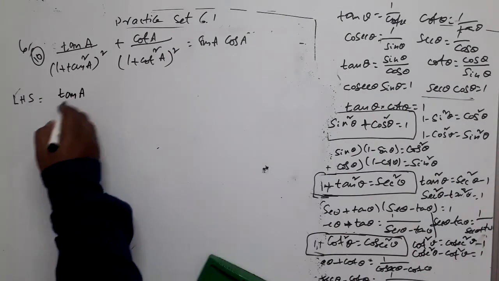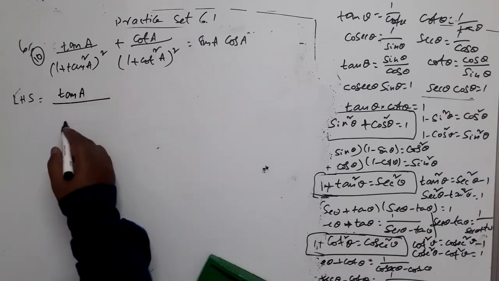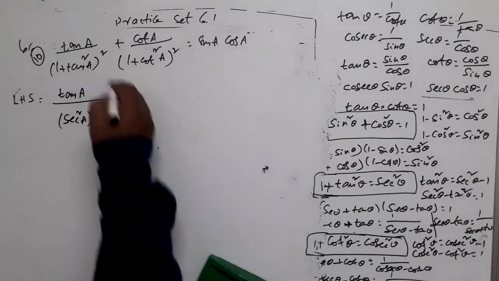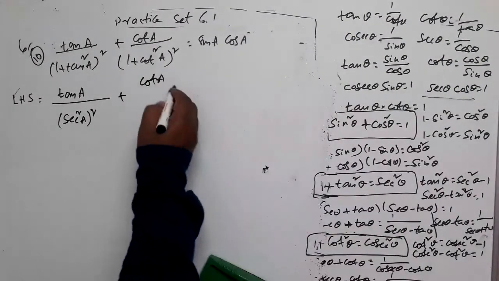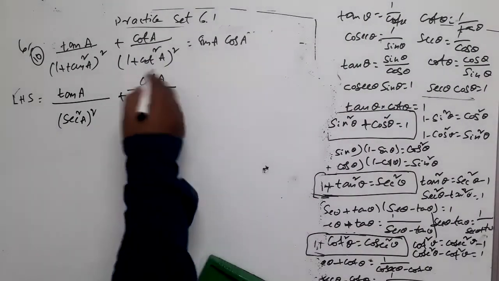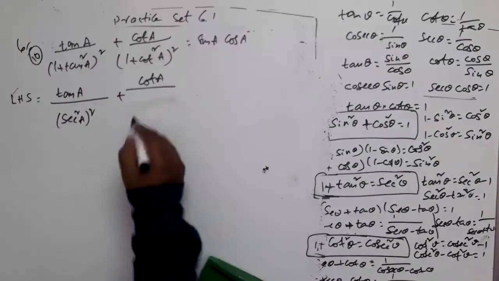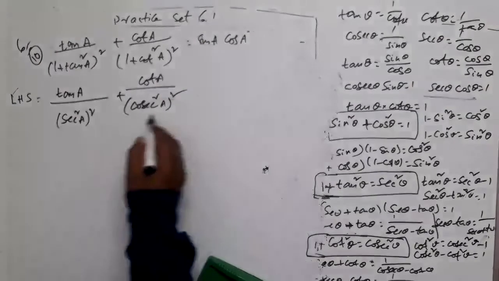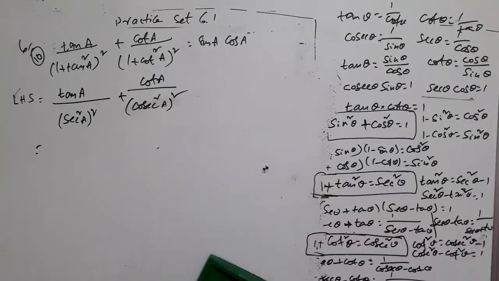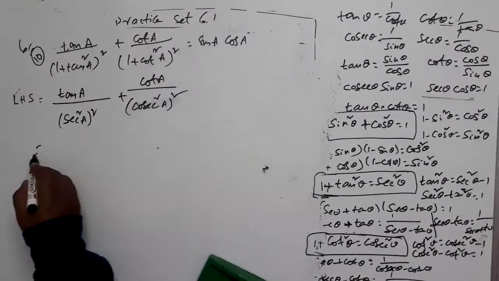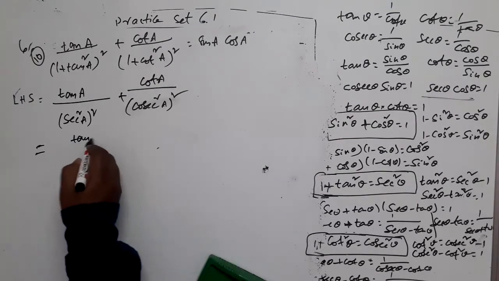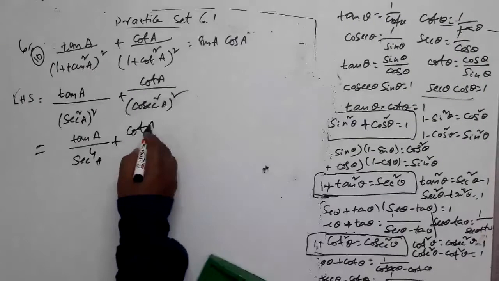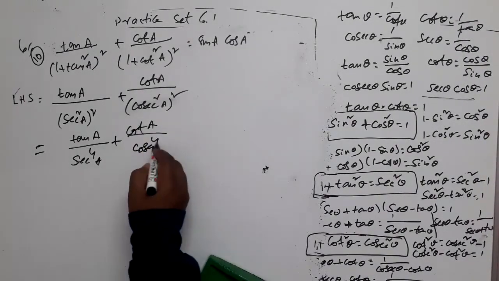This is tan A by 1 plus tan square A, which is secant square A, whole square, plus cot A by 1 plus cot square A, which is cosecant square A, whole square. So this is tan A by secant power 4A plus cot A by cosecant power 4A.